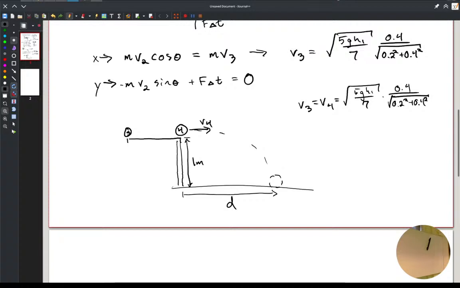Yeah, same one. I was just saying V3 is V4. Those are, so this is saying those are matched copies and this is 0.4 over.